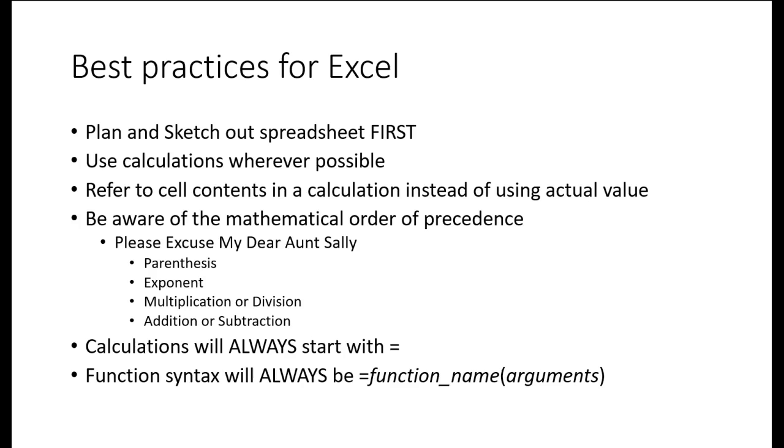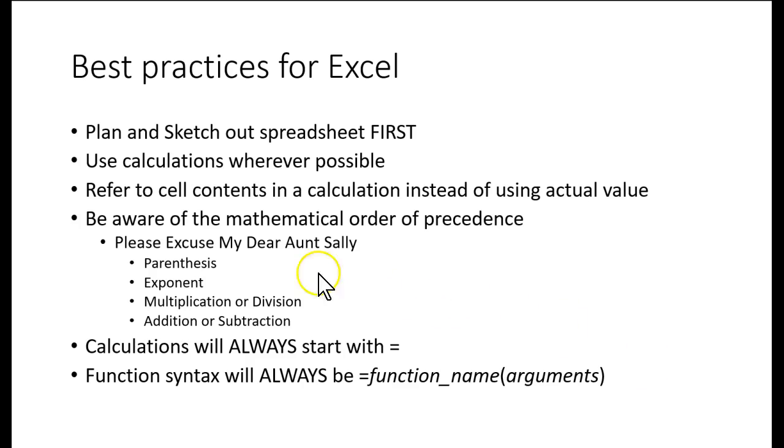So the P is the first thing that would happen. Anything that's in a parenthesis would happen first. Excuse represents exponent. Anything that is raised to a power would happen next. Any multiplication or division would happen after that, and any addition or subtraction would happen after that.